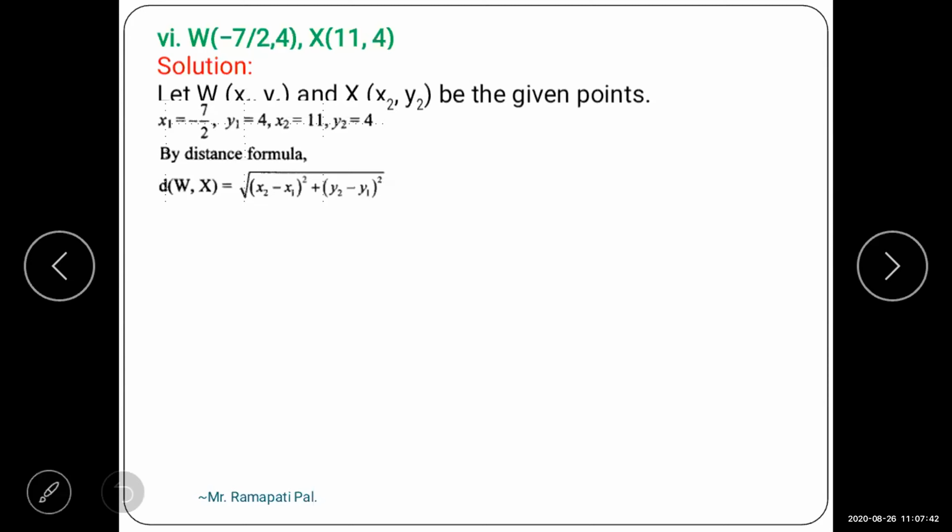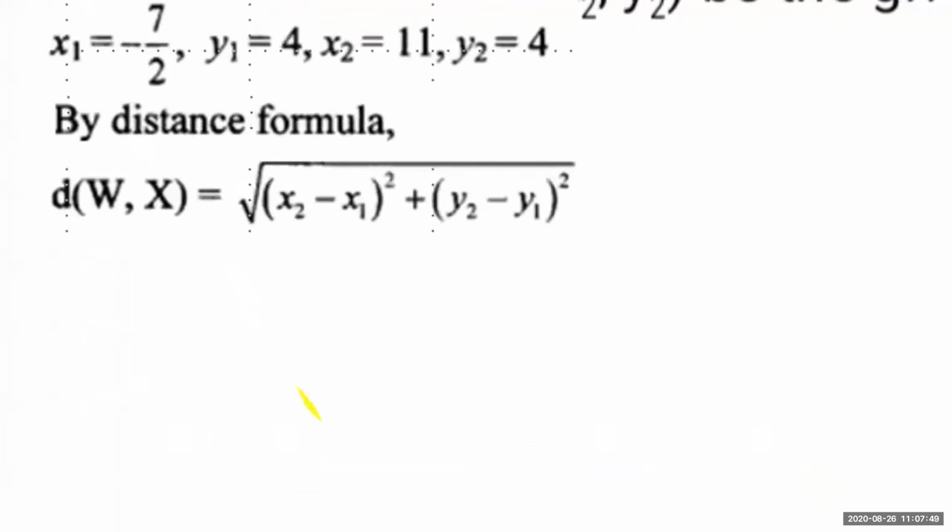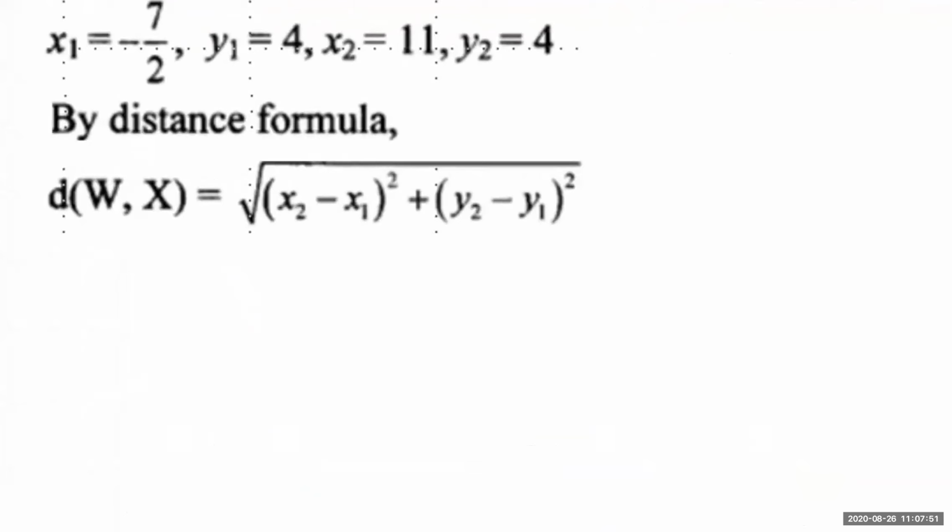How the formula I have written. Okay. Distance WX is equal to root x2 minus x1 whole square plus y2 minus y1 square. Okay, 2 you have written there. Okay. No problem.